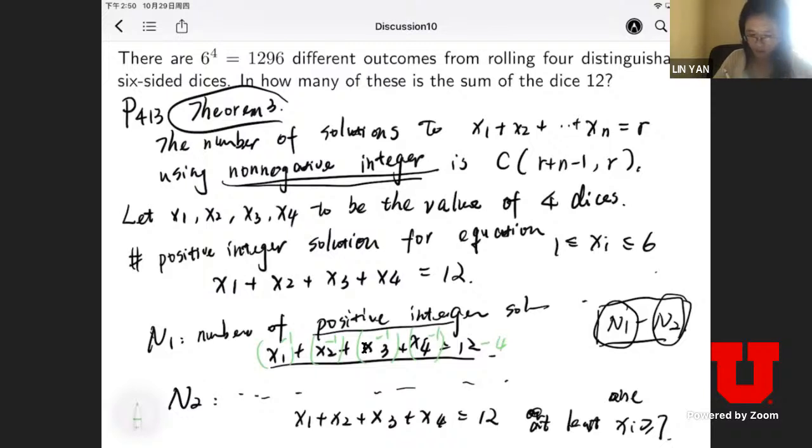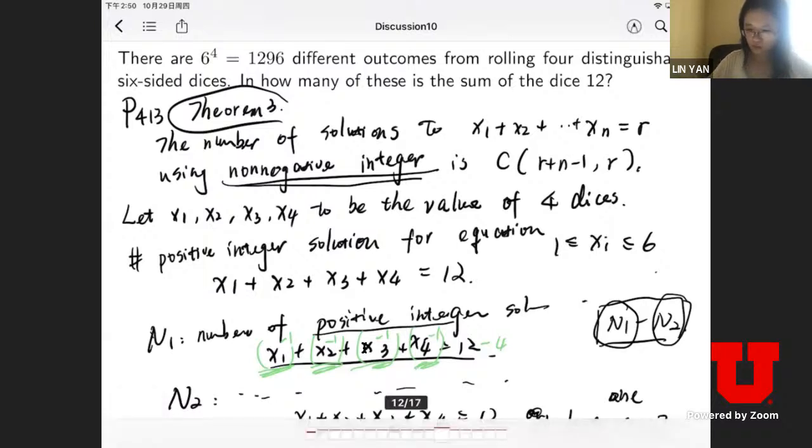Then each item would be a non-negative integer, because x1 minus 1 could be equal to 0.